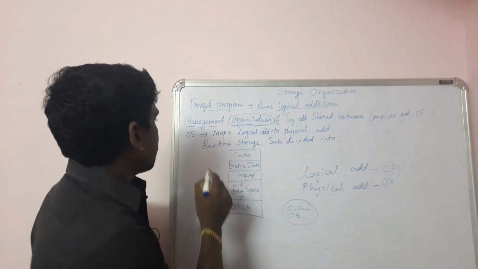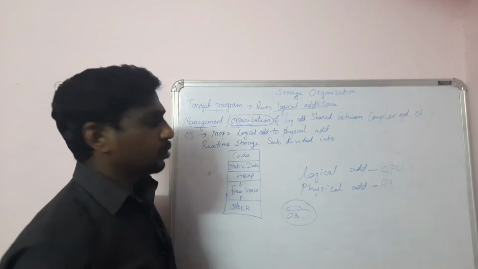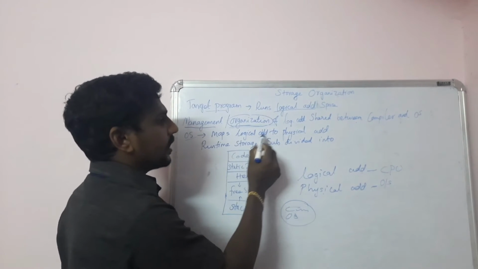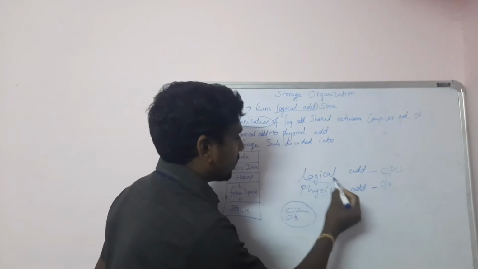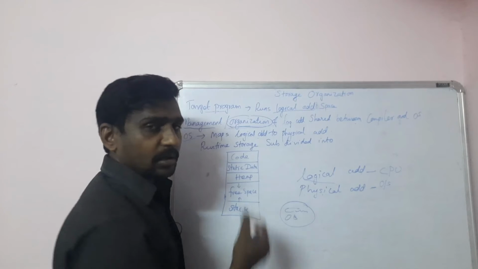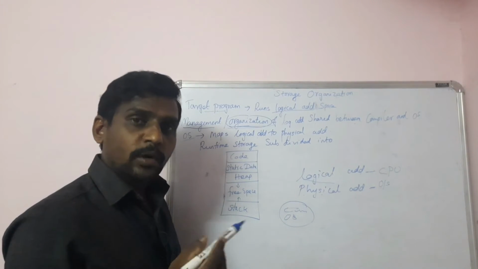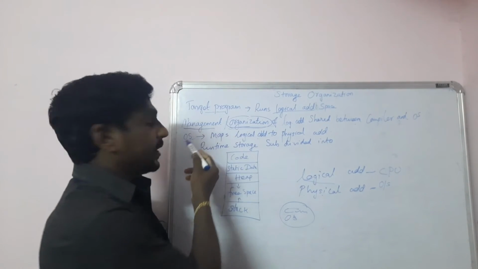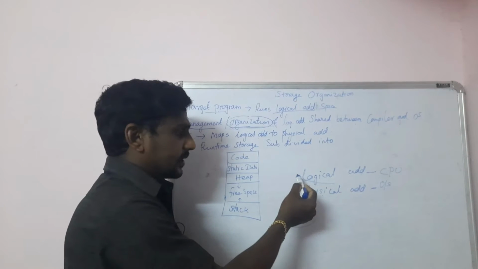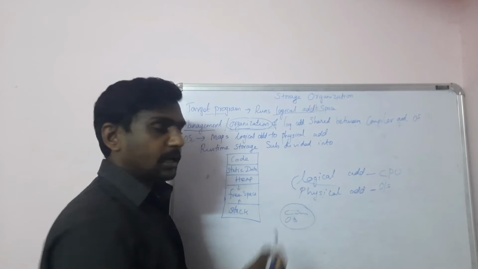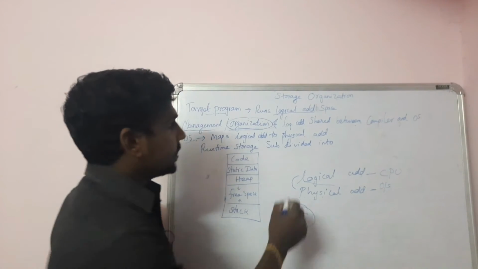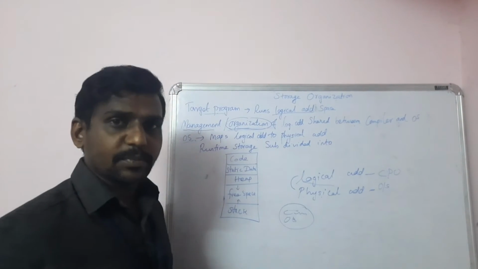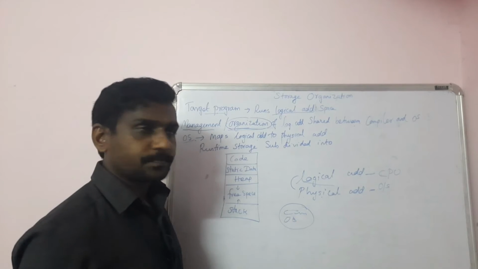And the operating system maps logical address to physical address. The target program runs with its own logical address, and the operating system does the conversion from logical address to physical address. So these are some important points in storage organization.